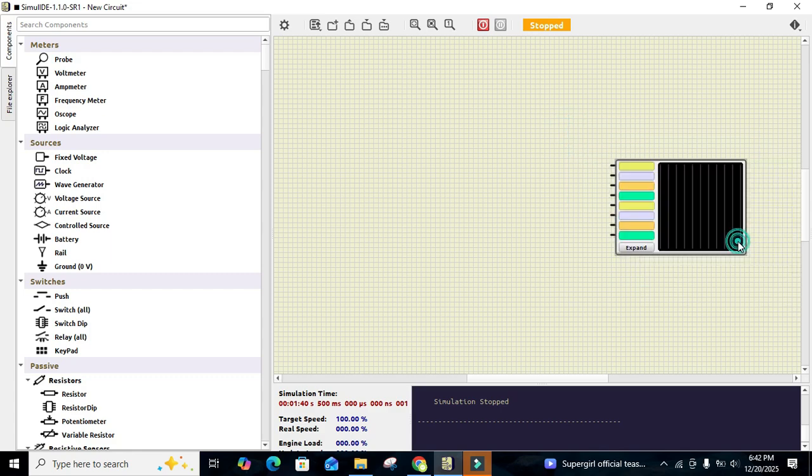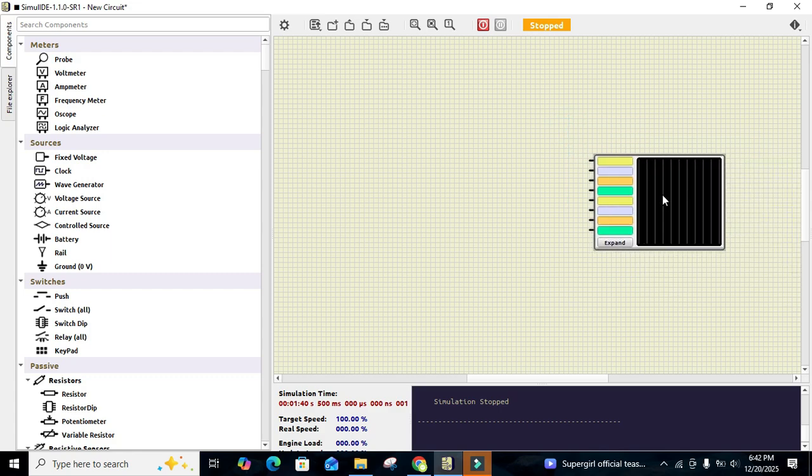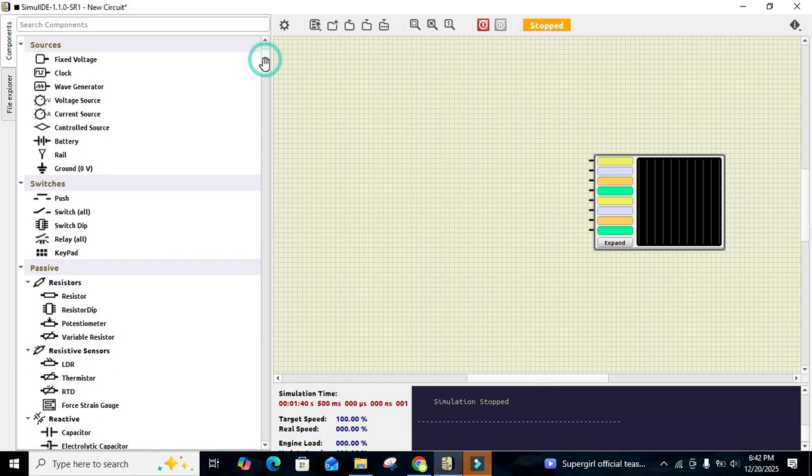So how can we analyze it? First of all, we can go and take our push buttons. So this is our first push button, the second one, this one is the third and the fourth one.